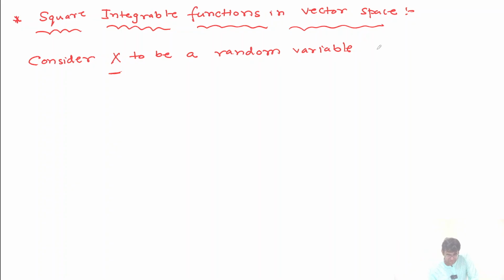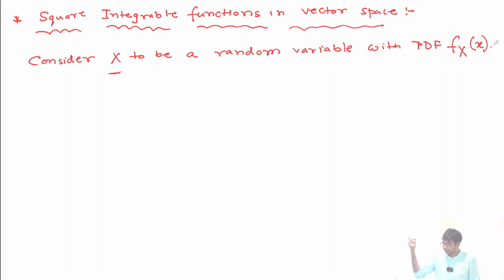So it's a random variable with PDF f_X(x), right? So x is a random variable, and that random variable can be a random vector also, a multivariate kind of thing, and the PDF is f_X(x). Okay. Now with this random variable, square integrable functions in vector space is a collection of functions.